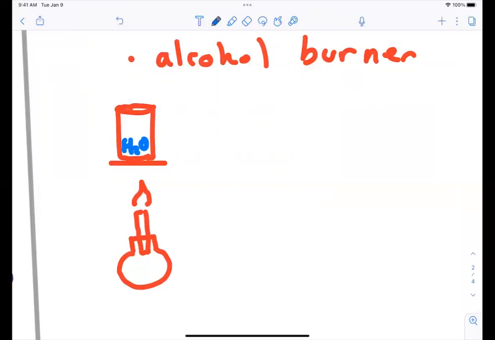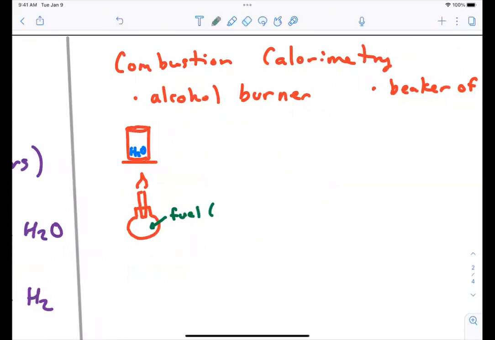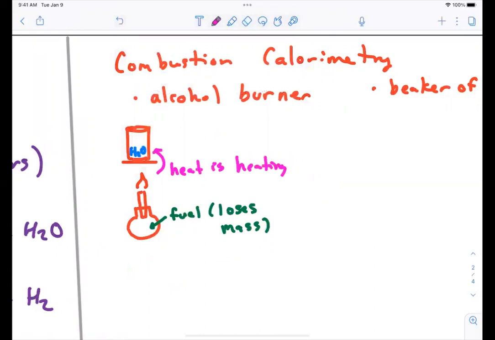So the idea is that the fuel is in here and it burns and it loses mass. It loses mass as it's burning, and the heat is heating the water and the beaker as well.